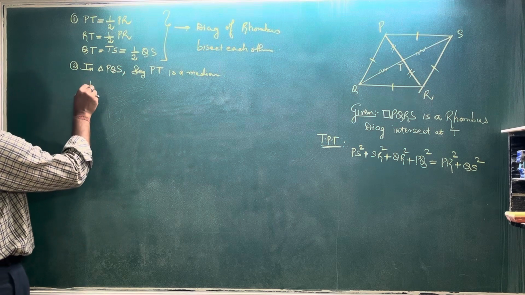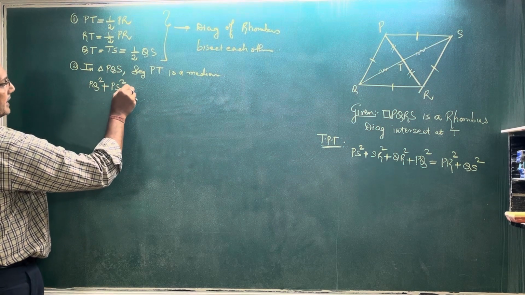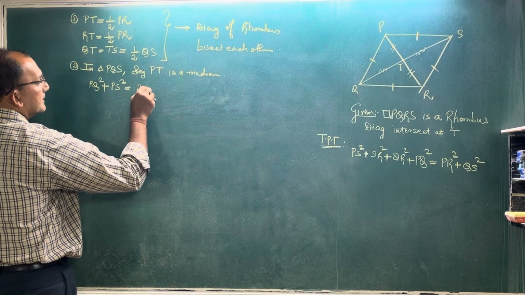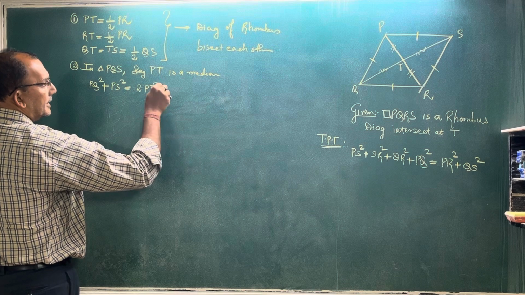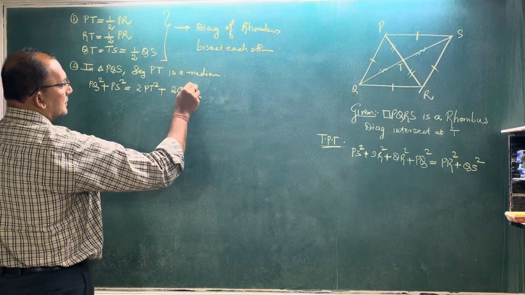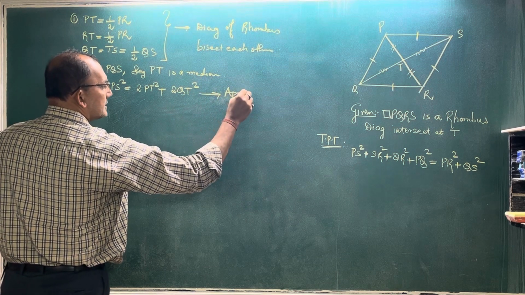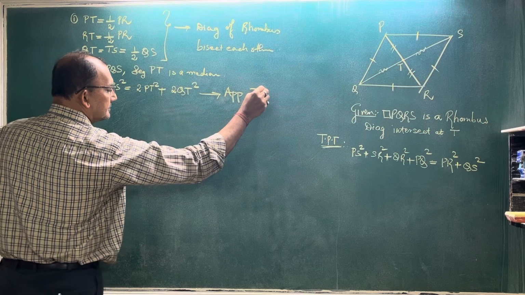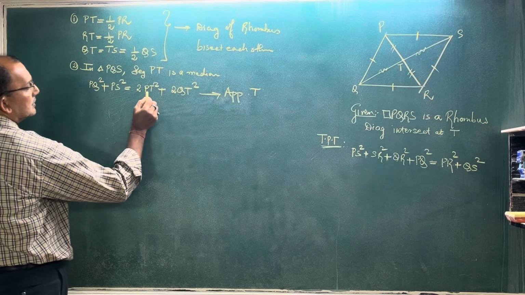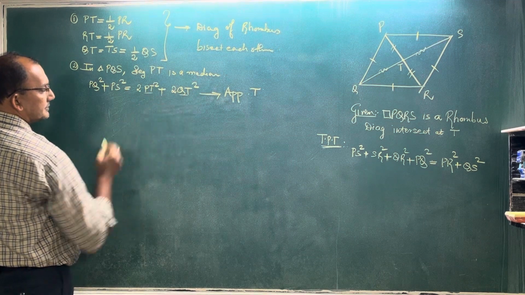I will get PQ square plus PS square is equal to 2 times PT square plus 2 times QT square. This is by Apollonius theorem.